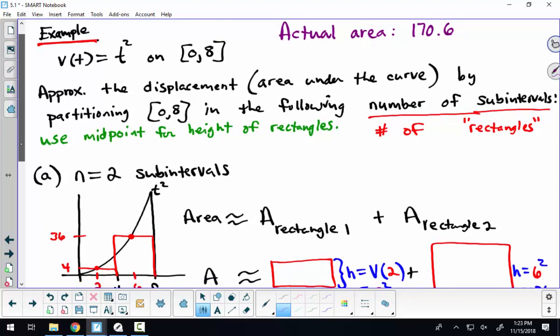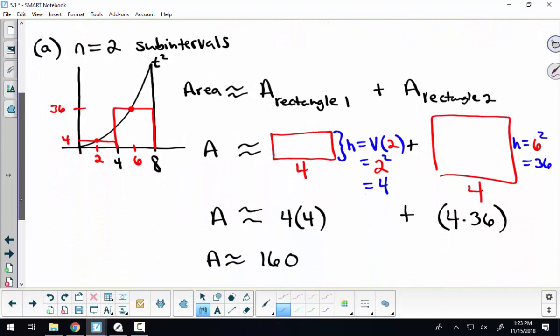So 170.6 is the actual area. We're coming up with an area of about 160 using only 2 rectangles. Is everybody all right with that? Are there any questions?